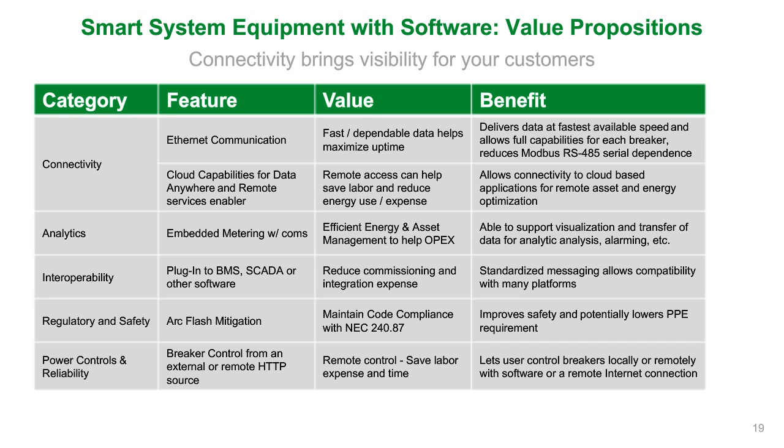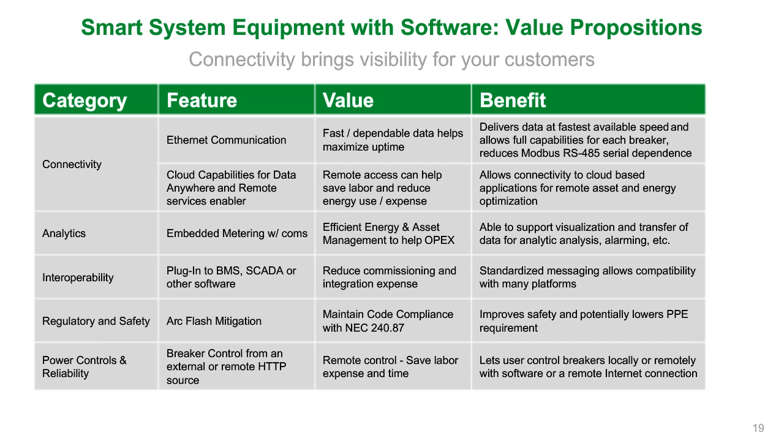There are some regulatory and safety issues around the C240.87 code, and that's an entirely different discussion from what we're having today. But on arc flash mitigation, where you need to be able to turn on and off a safe mode or a reduced energy mode on equipment, by having communications capabilities, that can be done remotely. You don't necessarily have to go up and touch the equipment to turn that on.